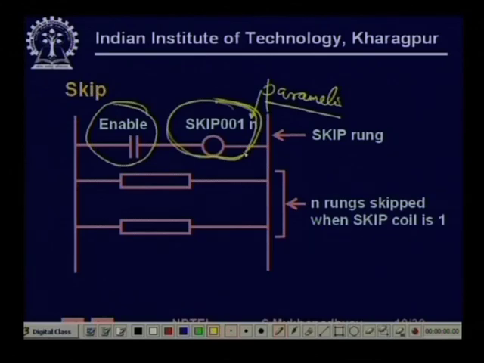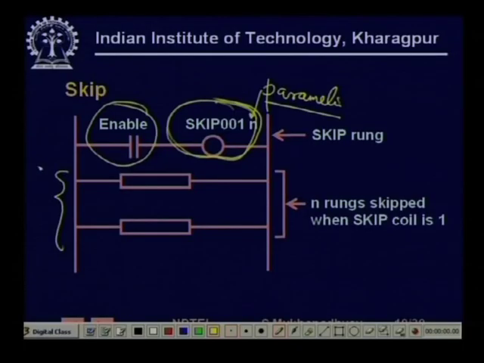So, it is like if skip not equal to 1, then this will be executed. If skip is equal to 1, as long as it stays 1, the next n rungs will not be evaluated and they will be maintained at the old value.